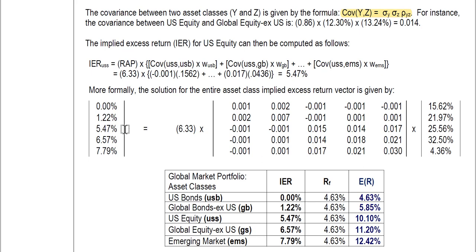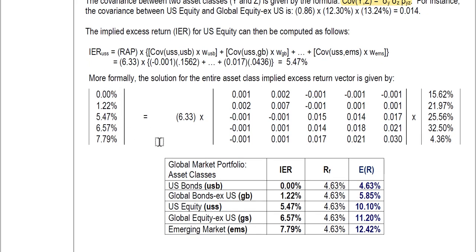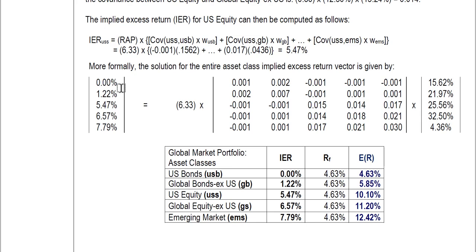Using this calculation, pay attention here, we got this vector. So what is this vector? This vector, from 0, 1.22, and so on, holds the implied expected return for each asset class. That is the one we calculate. It's a 5 by 1 vector.